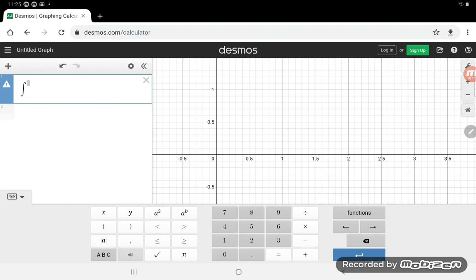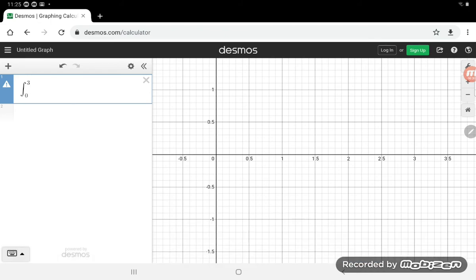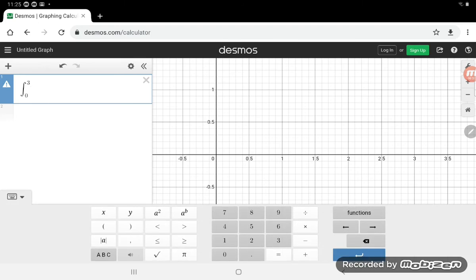Okay, so we want to go from 0 up here to 3, and we had the 2x minus x squared, and then minus the negative x.